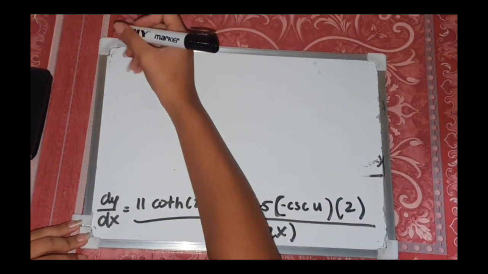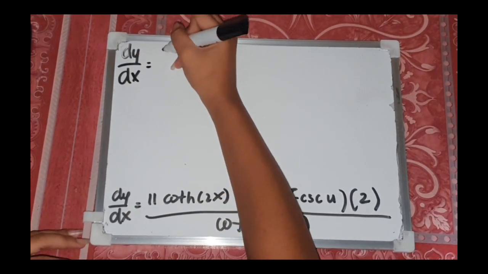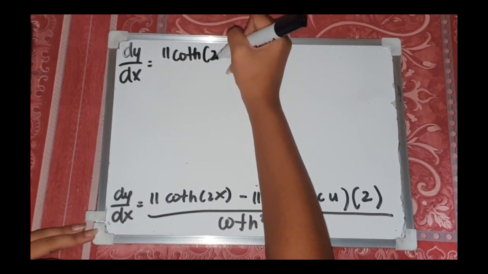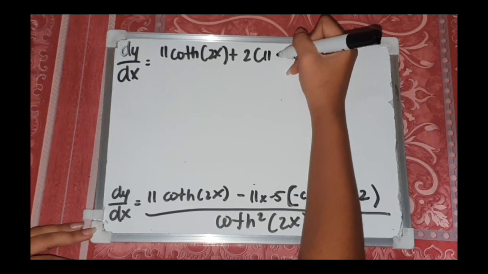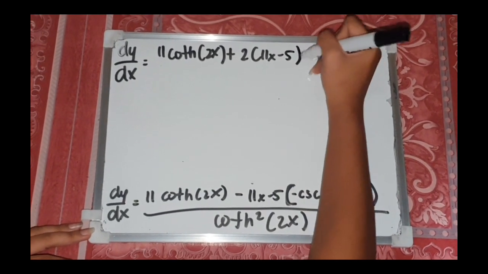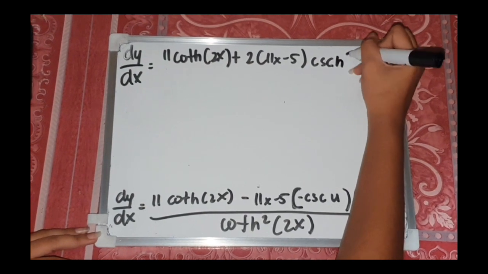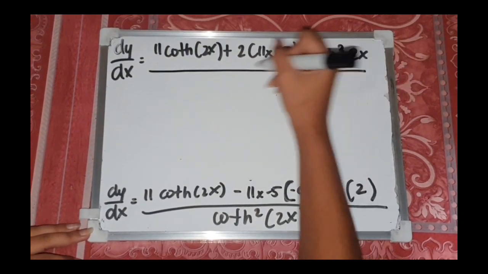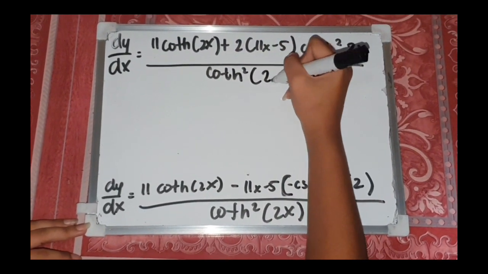And then dy over dx is equal to 11 hyperbolic cotangent 2x plus 2 times 11x minus 5 hyperbolic cosecant squared 2x all over hyperbolic cotangent squared 2x. So this is our final answer.